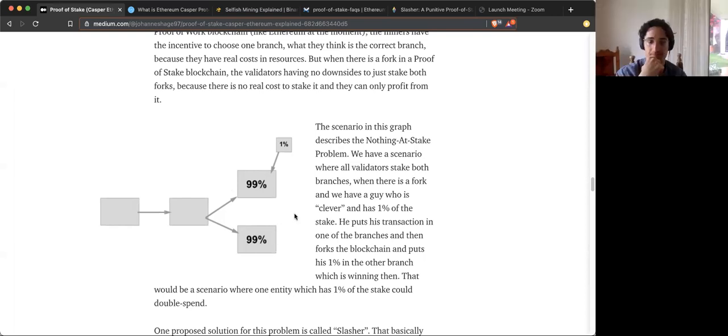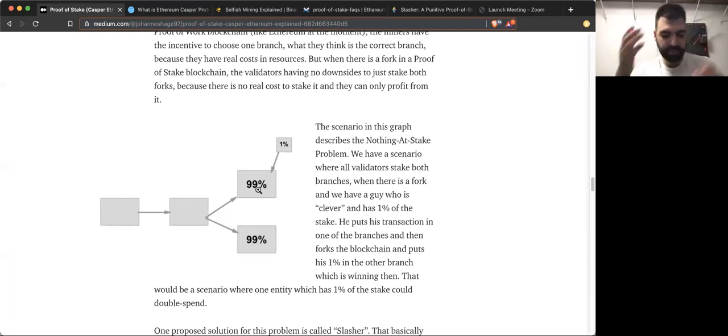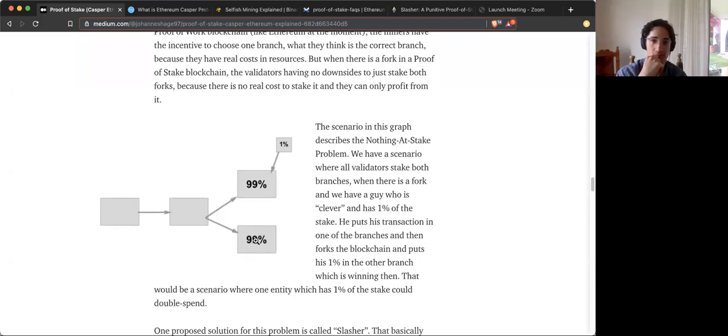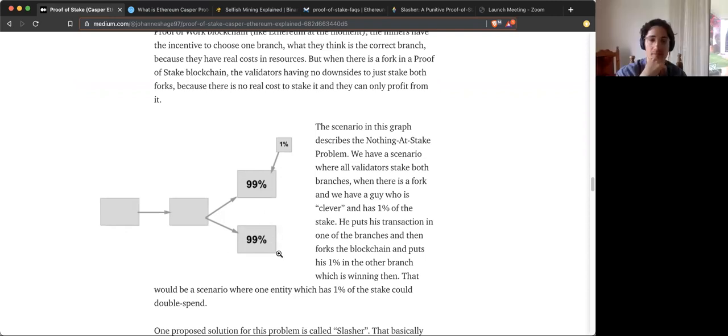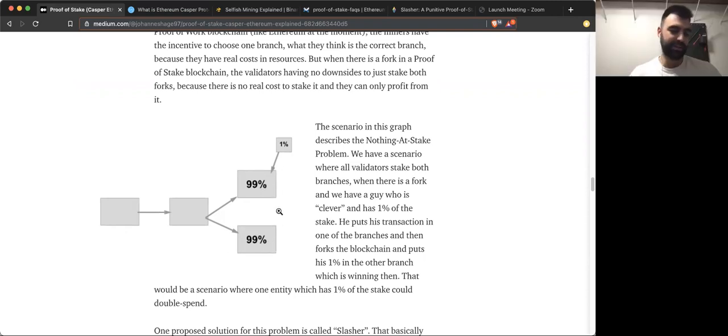But now if I add 1% to tip the scales, the chain I've added this 1% to will start beating out this chain, and people will stop mining on this chain. So all I have to do is spend money on this fork, and then mine on top of the other one, losing the transaction on this fork. So I can double spend like that. I got it.